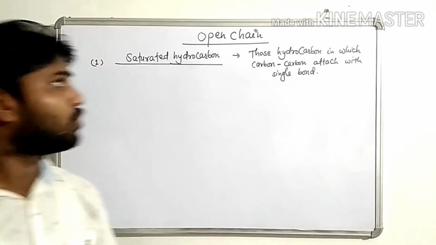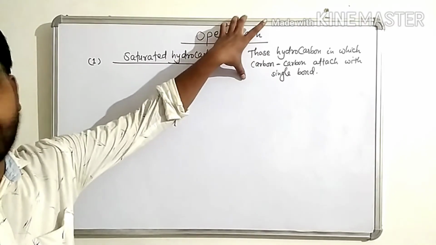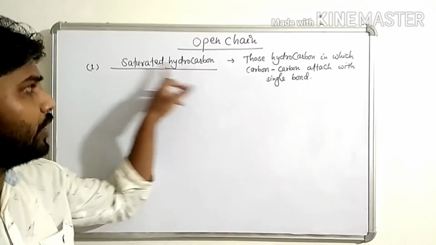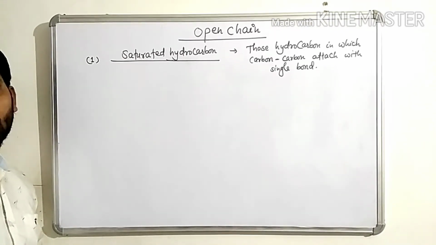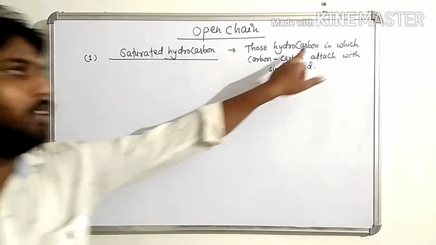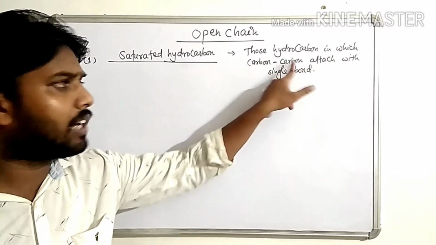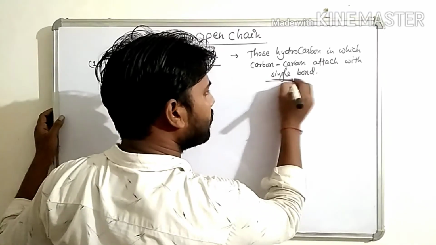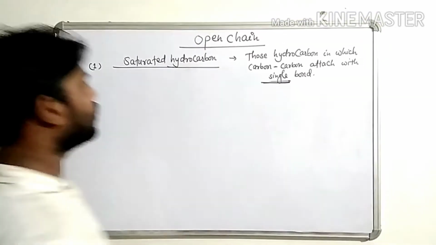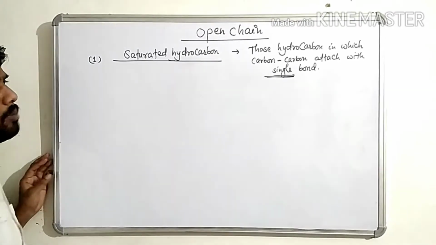Now children, in open chain, the first is saturated hydrocarbon. Saturated hydrocarbon means those hydrocarbons in which carbons are attached with single bonds. They are known as saturated hydrocarbons.